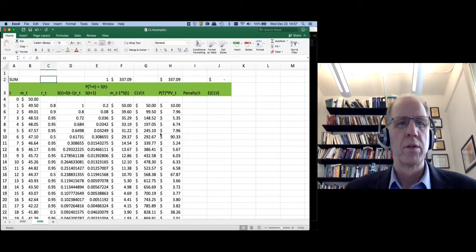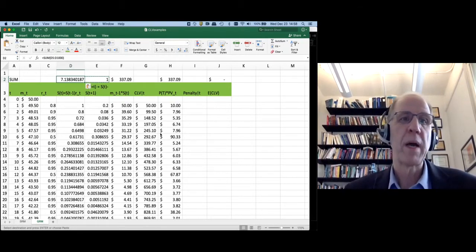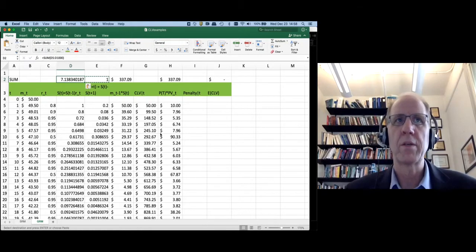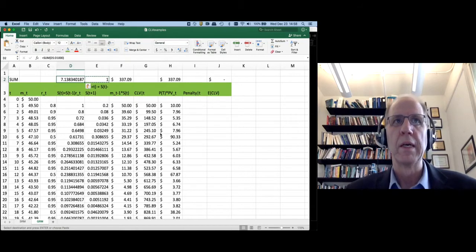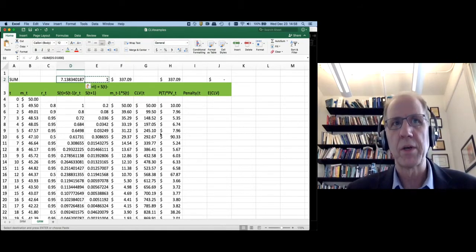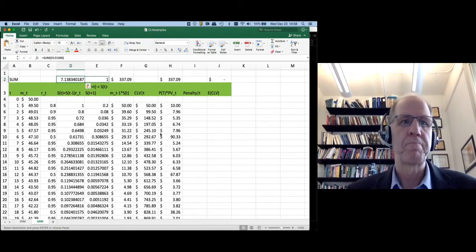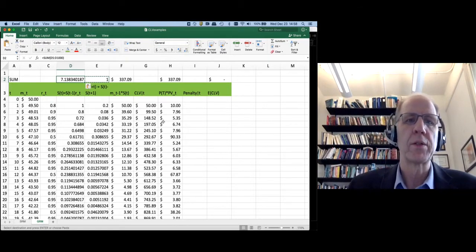So if I go find the sum of these survivor functions, what this says is I would expect to keep you about 7 months. And so I always think of this as a really simple way of getting at lifetime value. If I keep you about 7 months and you're worth $50 a period, that doesn't account for the discounting, of course, but you're worth about $350.